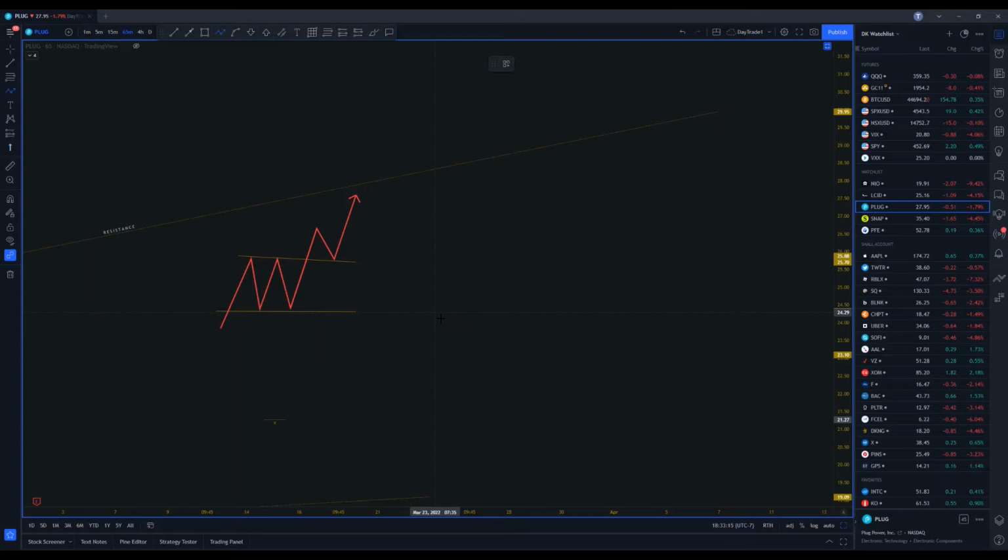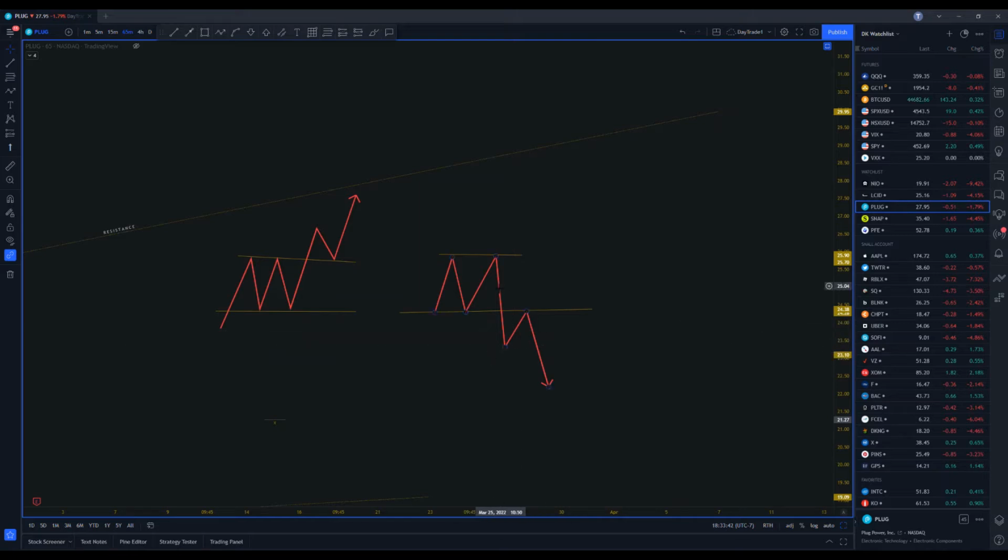If you guys were looking at something like this, it comes down, comes back up, breaks down, retests, and continues the downtrend, right? Okay, so same thing here. Obviously you have your resistance levels, and then you have your support levels.